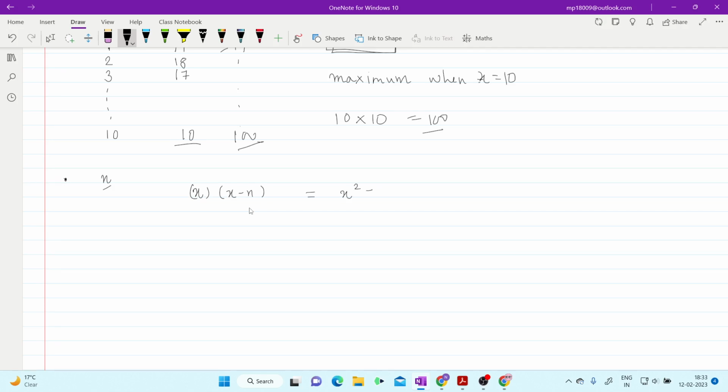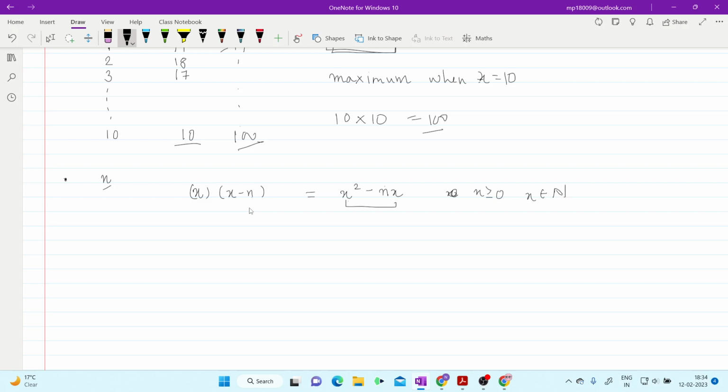For n fixed, we have to see for what value of x this function is maximum, where x is greater than or equal to 0 and x is an integer.